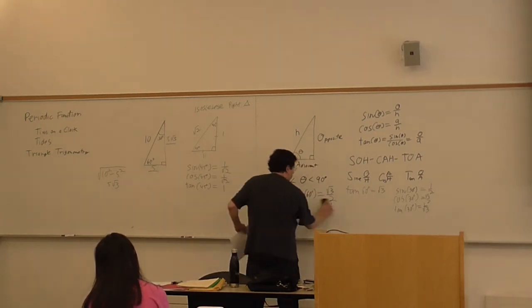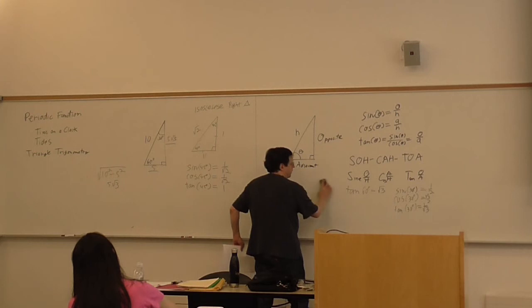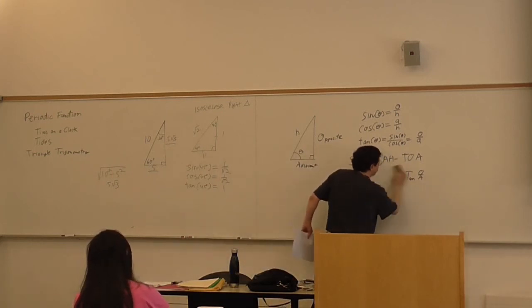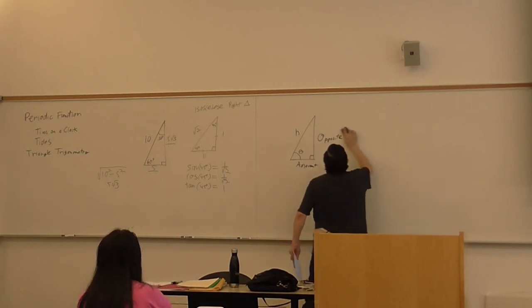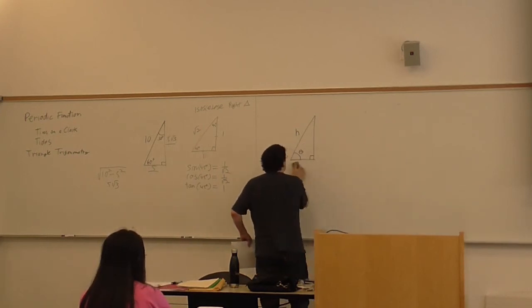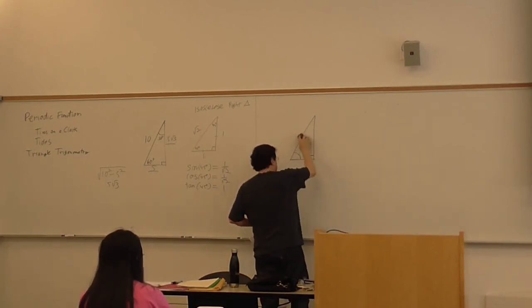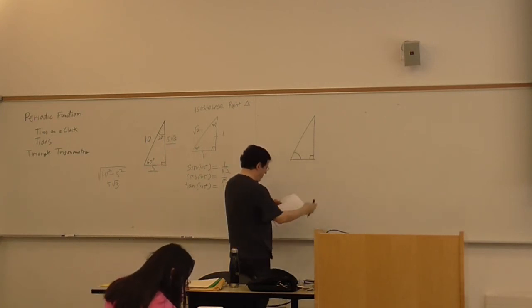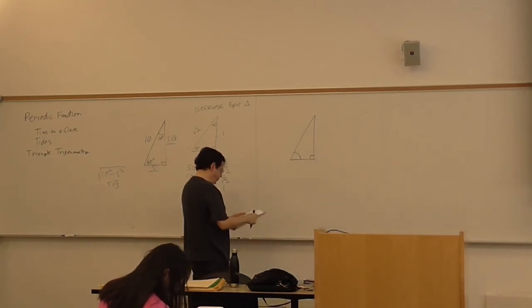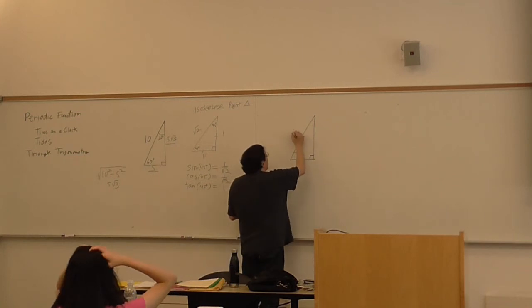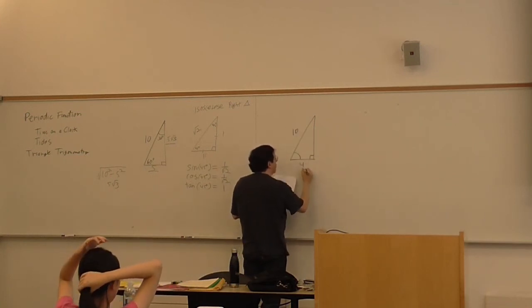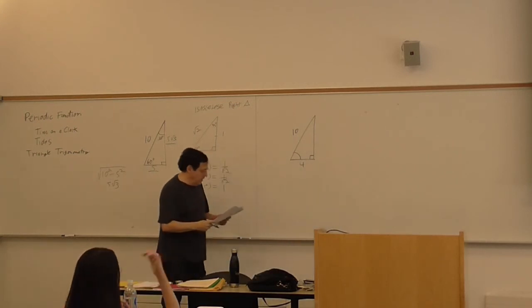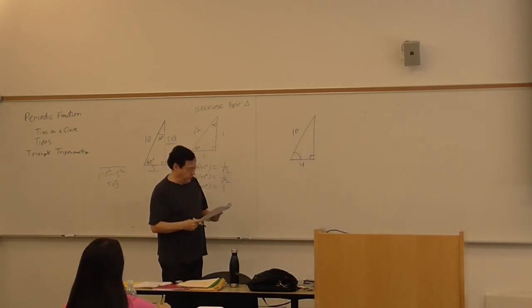Okay. All right, let's take a more real-world kind of math problem here. What if the hypotenuse is 10 and the adjacent is 4?